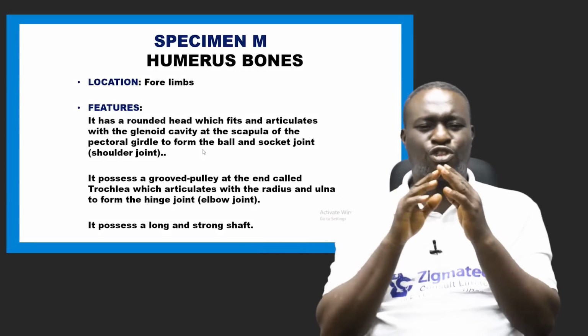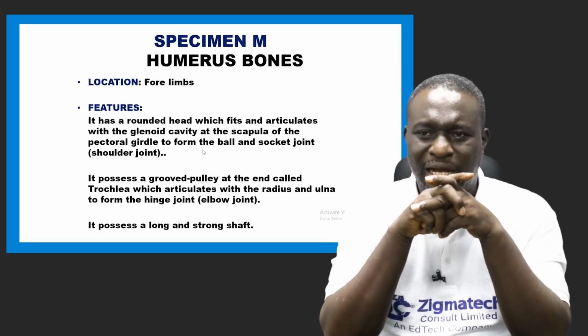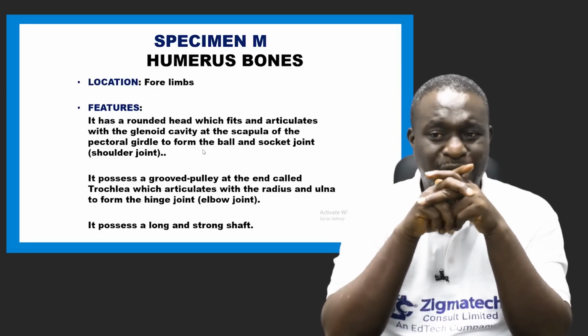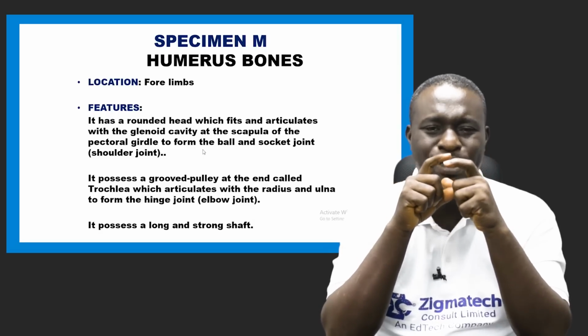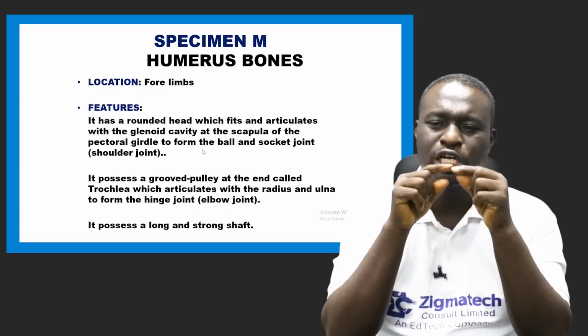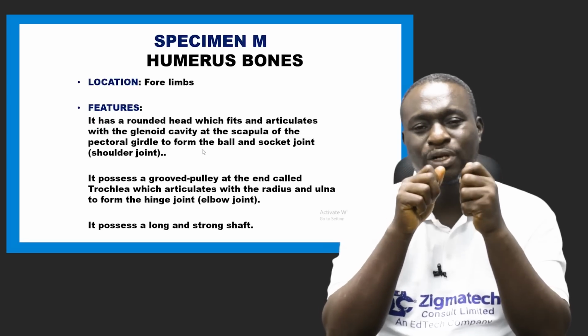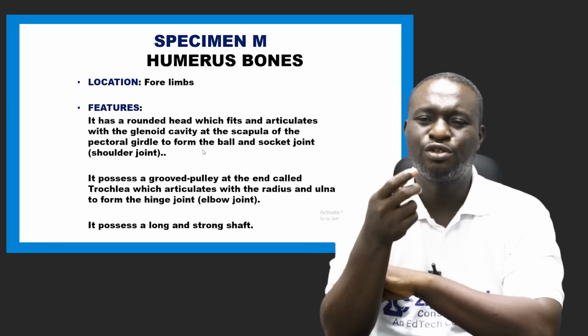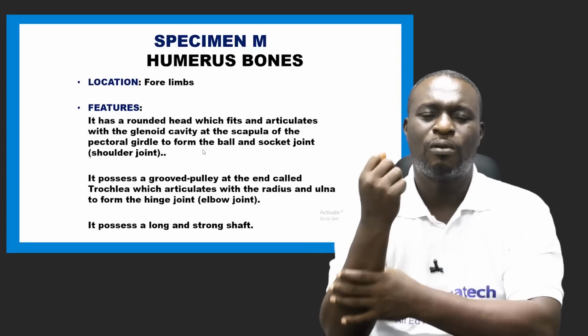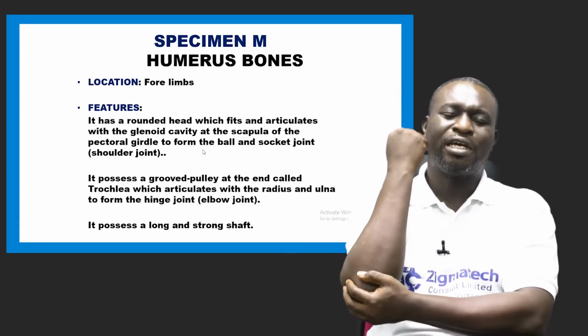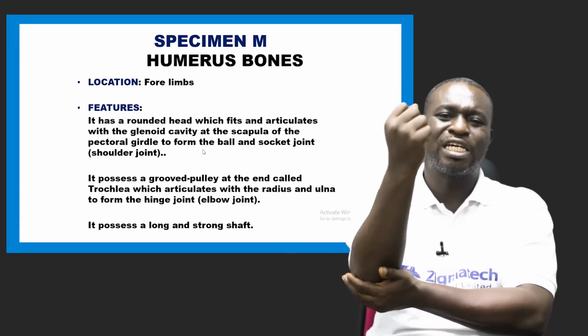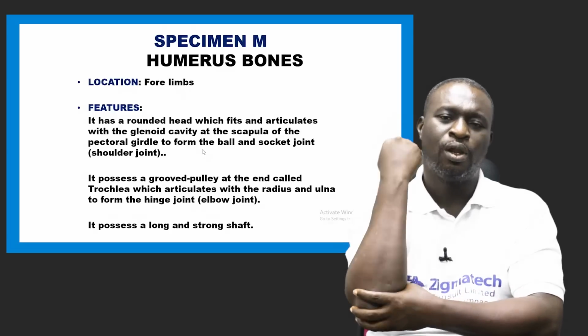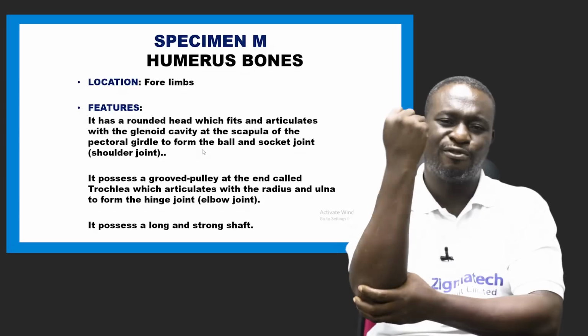Another important feature to take note of in the humerus is that it possesses a grooved pulley at the end called the trochlea. Now, this trochlea articulates or fits in with the radius and the ulna to form the hinge joint. The hinge joint allows movement in only one direction, back and forth.